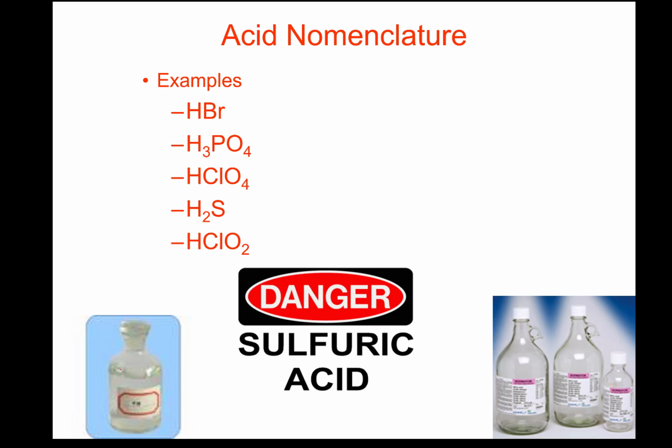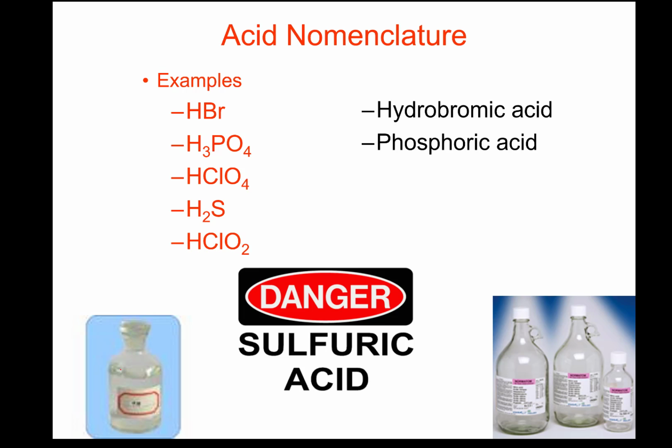Let's look at these examples. HBr, that's binary, so we're going to have hydro, and then bromine, change the ending to ic acid: hydrobromic acid. H3PO4 has a polyatomic ion, phosphate, so ate becomes ic acid, and we call it phosphoric acid.